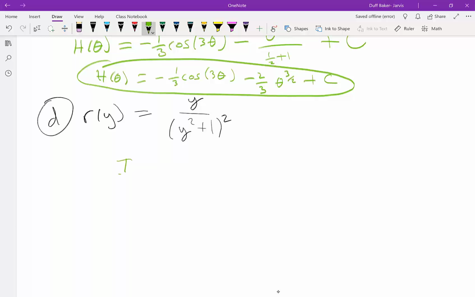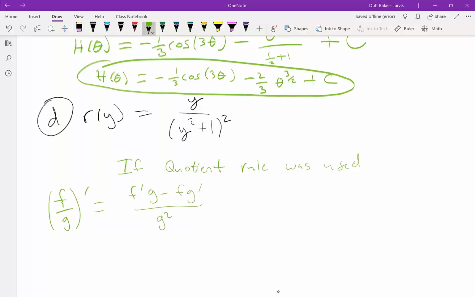So let's imagine that we're using the quotient rule to do this. Remember, if you start with a fraction, when you take its derivative, it'll be something over g squared.